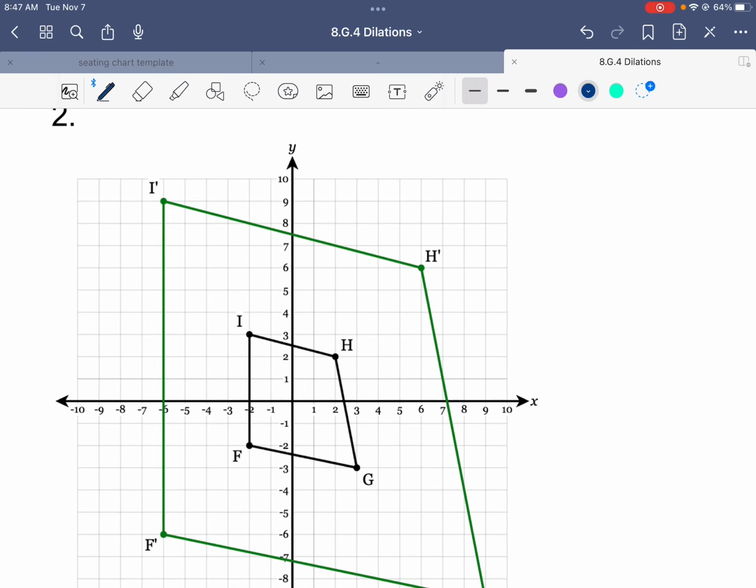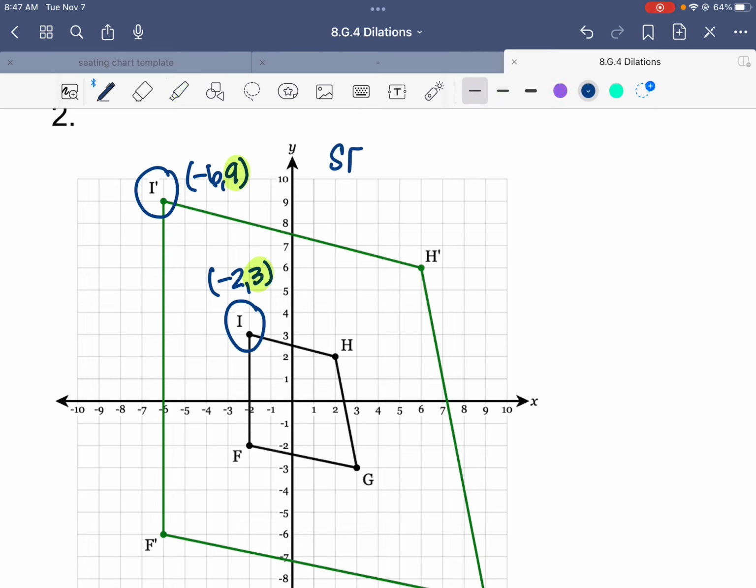Number 2, I'm going to choose I prime and I. I prime is located at -6, 9. And I is located at -2, 3. So we're going to take the image coordinates and divide by the pre-image coordinates. Again, it doesn't matter if you choose x or y as long as it's not 0. So we're going to do 9 and 3.